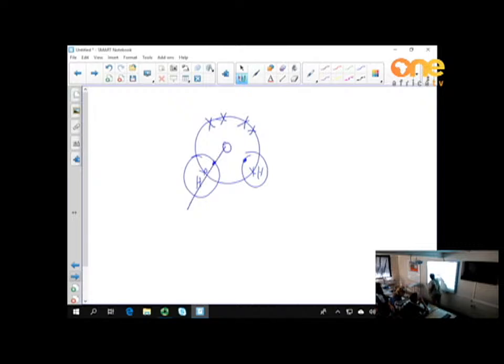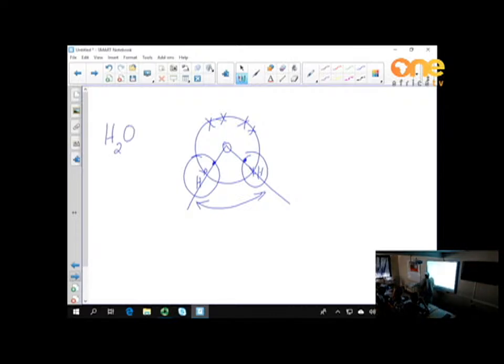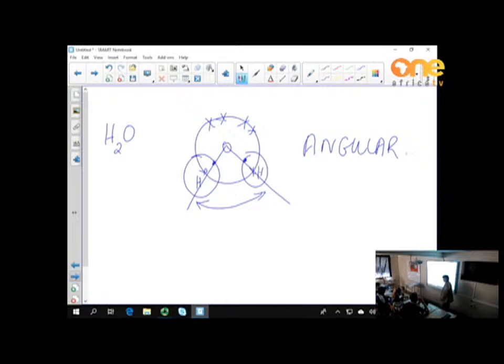That's the oxygen nucleus. We find that the hydrogen atoms are bonded with a specific angle in relation to each other, and we'll look at the explanation of that in a moment. So water is an example of an angular molecule.